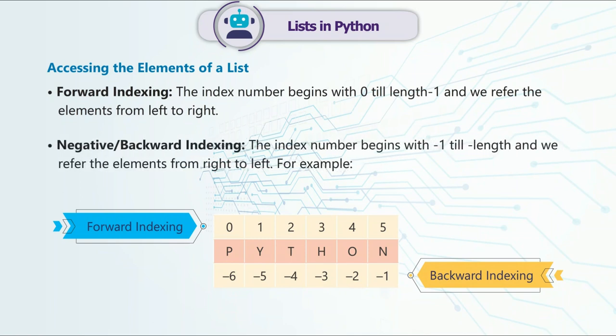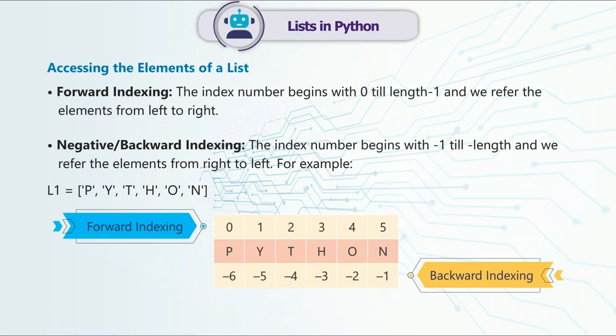Negative or backward indexing: the index number begins with -1 till minus length and we refer to the elements from right to left. For example, L1 equals square brackets, single quotes P, Y, T, H, O, N.